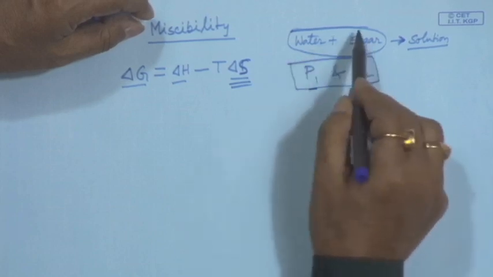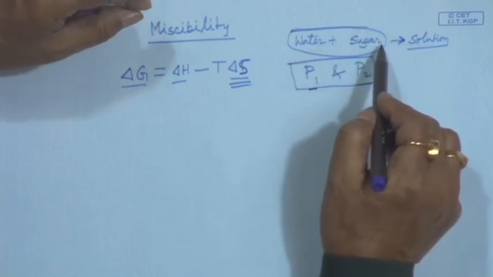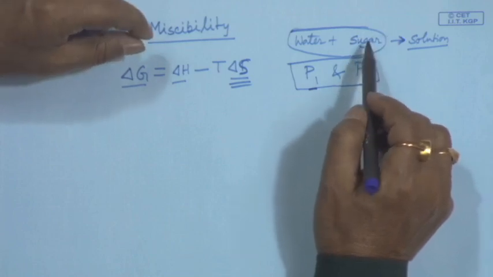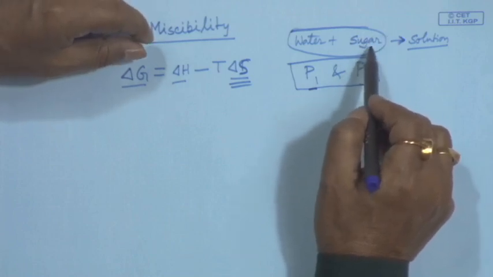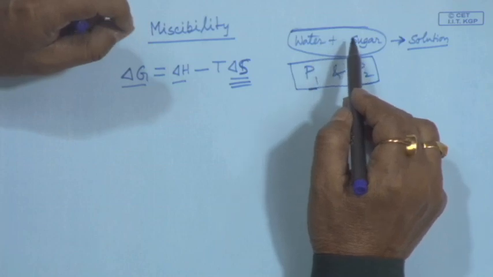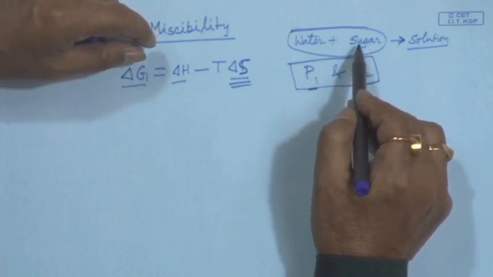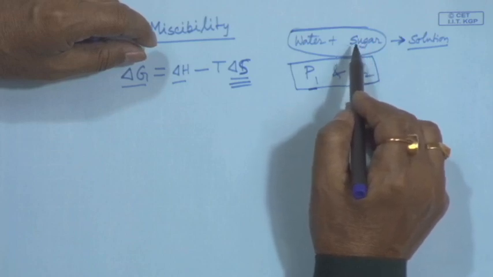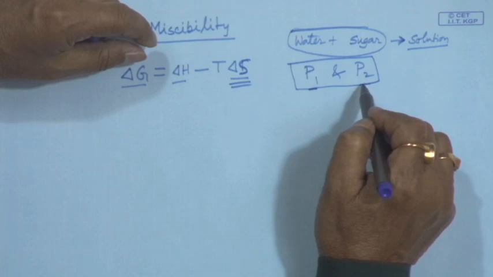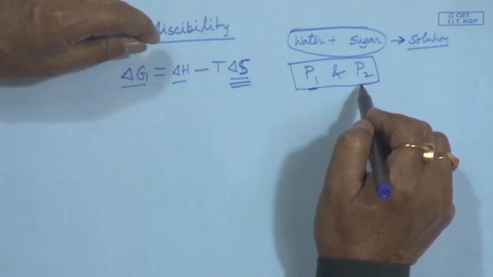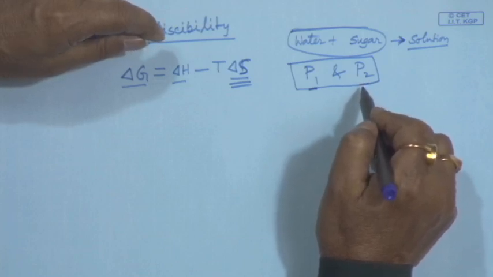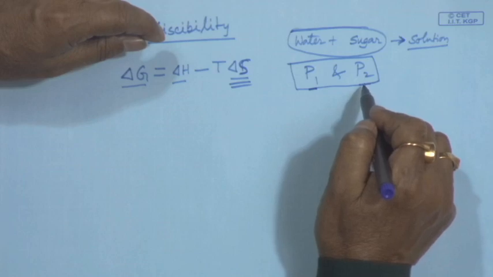In the case of a simple solution, the entropy of mixing of the sugar and water is quite high because of their discrete molecular nature. Here the entropy of these polymers will be very small, almost negligible, because of the high molecular nature.